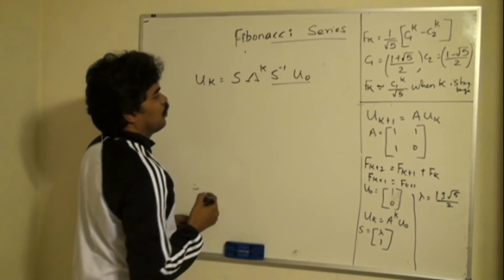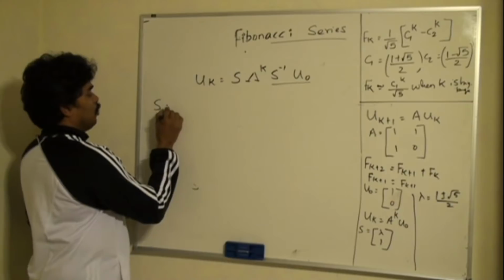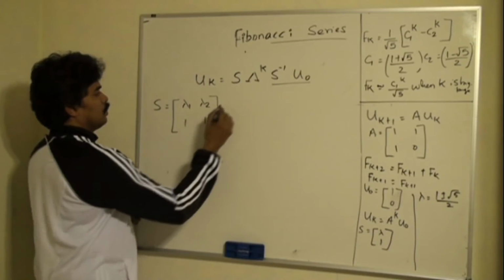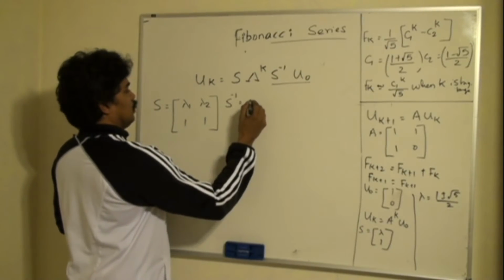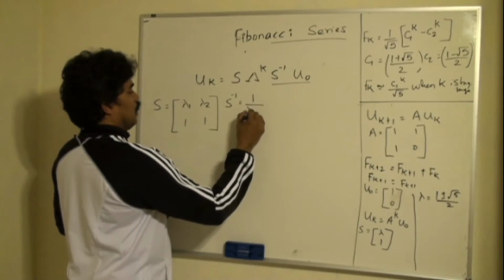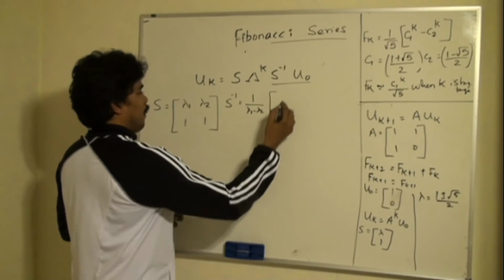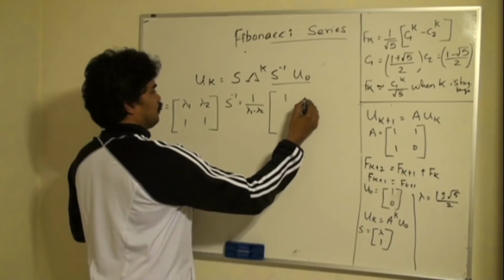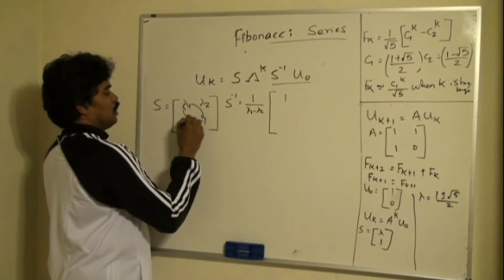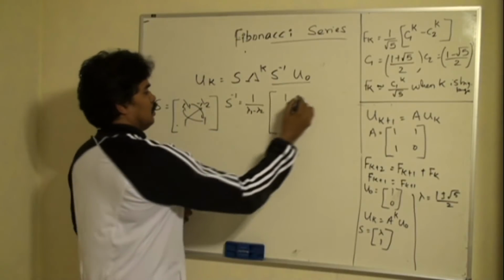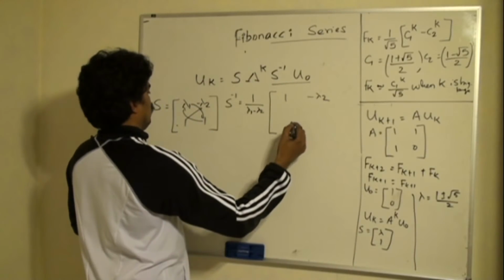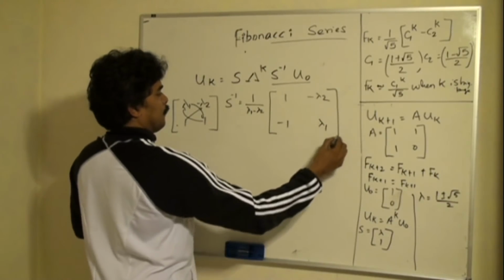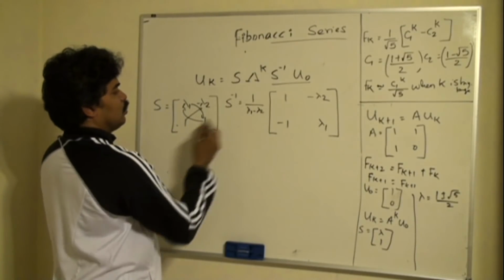First I think I should write S in a complete form: lambda 1, lambda 2, 1, 1. Then the S inverse: this is lambda 1 minus lambda 2 in the denominator. Swap the diagonal entries and change the sign on the others: so minus lambda 2, minus 1, lambda 1. Right, this is what S inverse is.